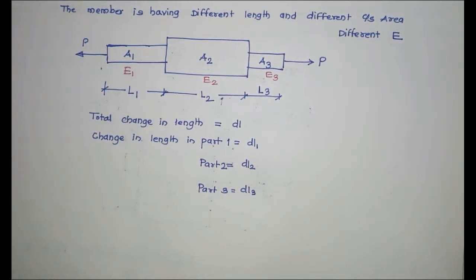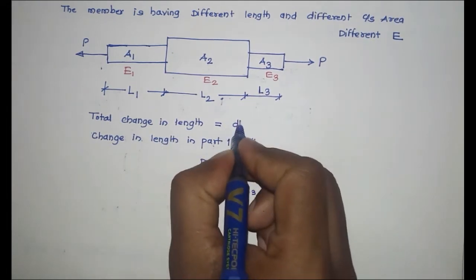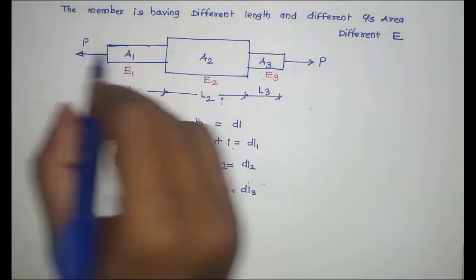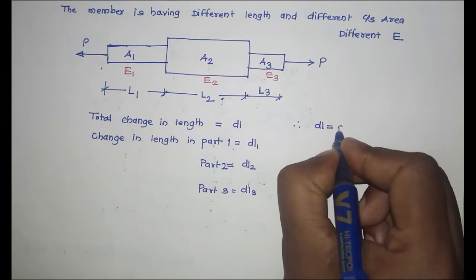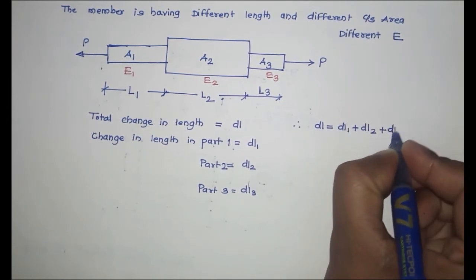Now because of the principle of superposition, what I can say is the change in length, this dl, is because of this P, and this dl1, dl2, dl3 are also because of this force P. That means dl will be equal to dl1 plus dl2 plus dl3.